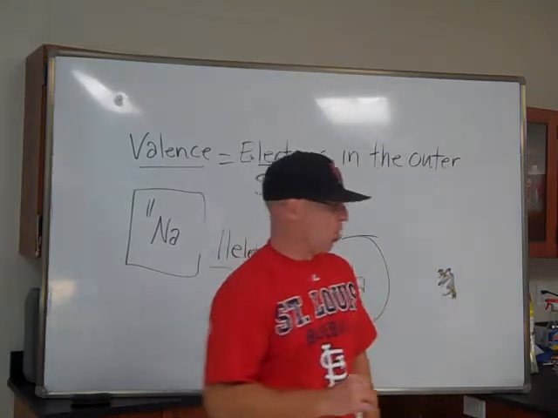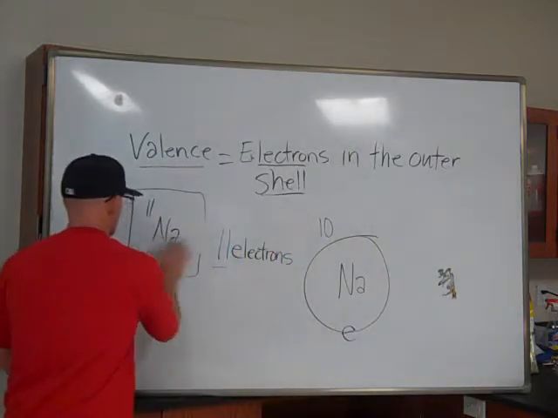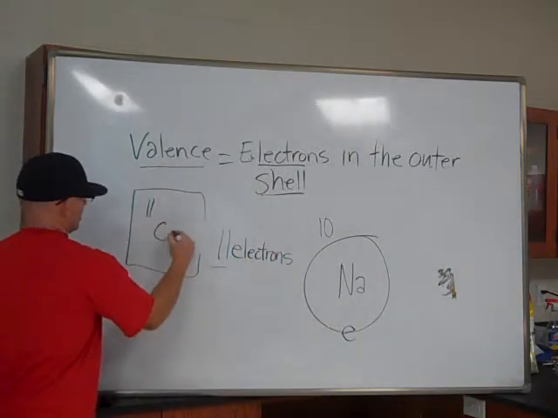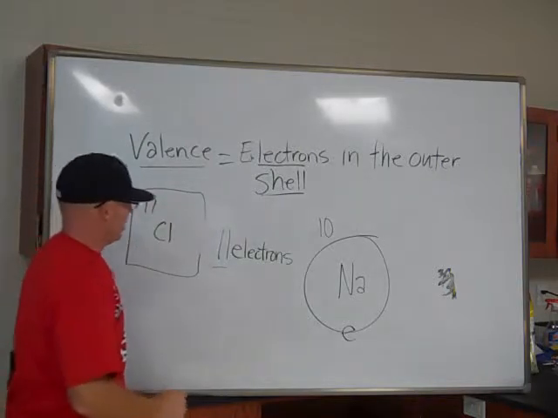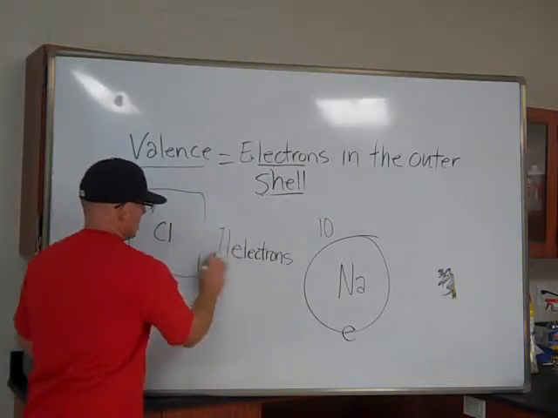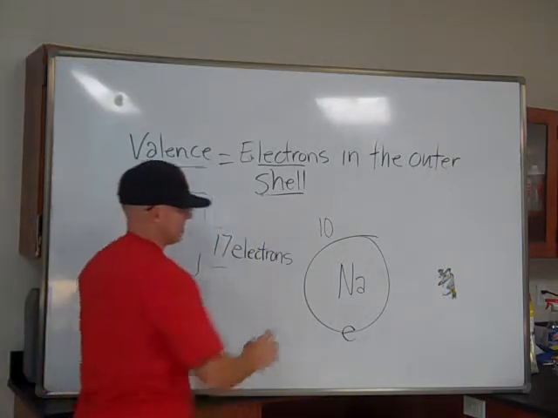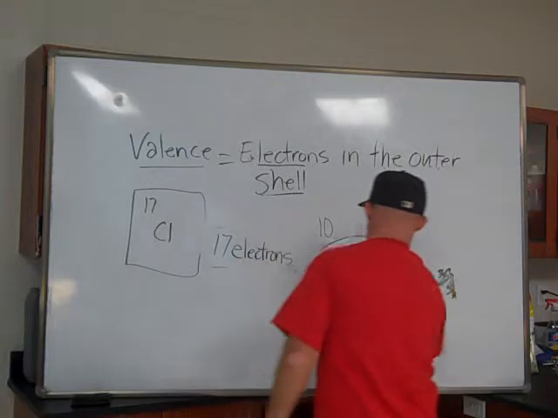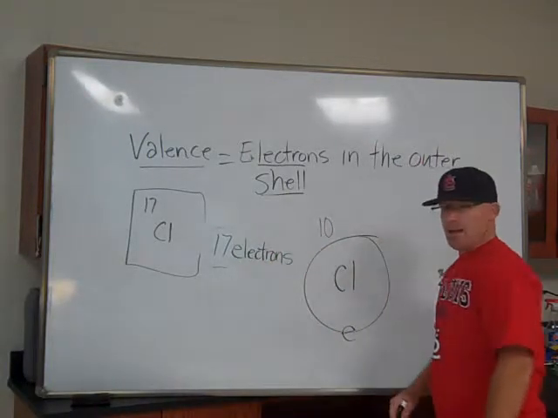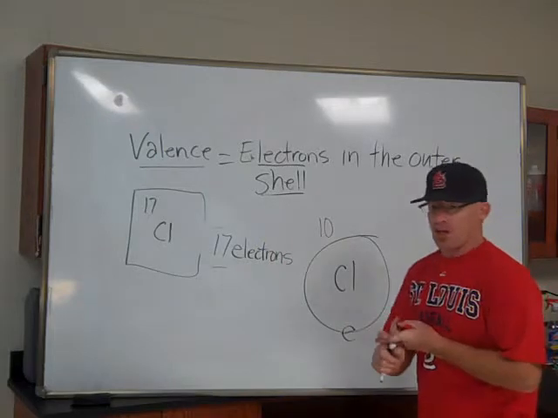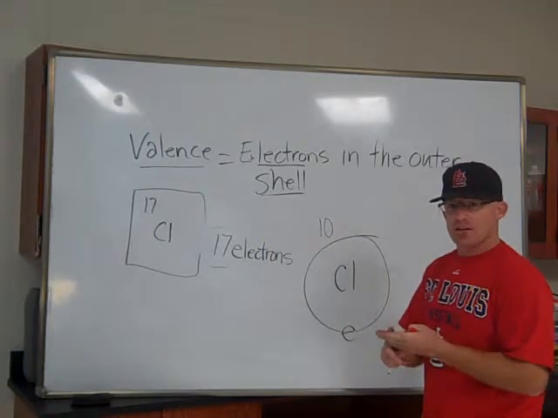Okay? We'll do one more. Chlorine. Chlorine is number 17. So you are dealing with 17 electrons. Chlorine has 2 in its first shell, it's full. It's got 8 in its second shell, it's full. It's got 10 so far.